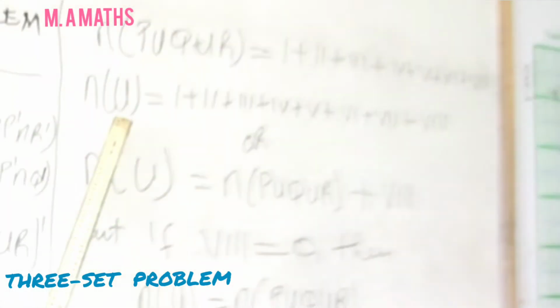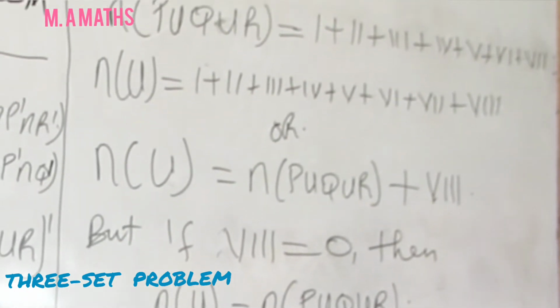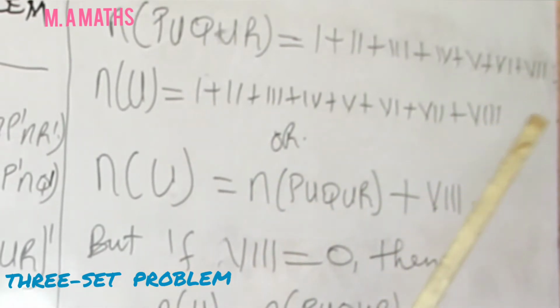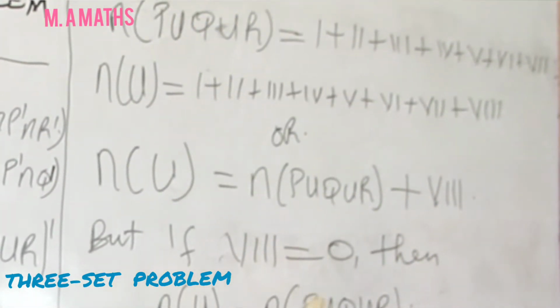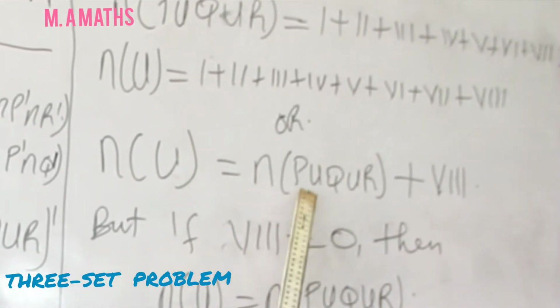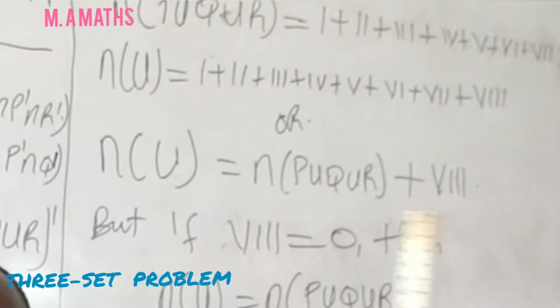And for the universal set, n of U represents all the regions, region 1 up to region 8. The simplest way of writing this is P union Q union R plus region 8.